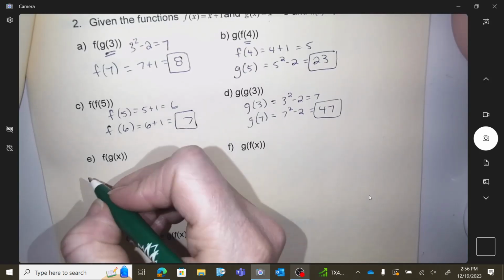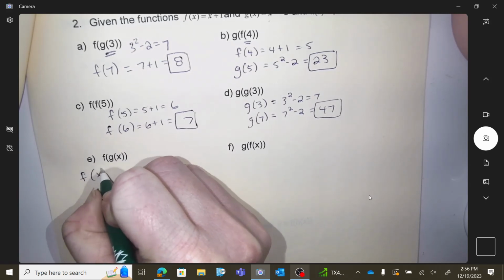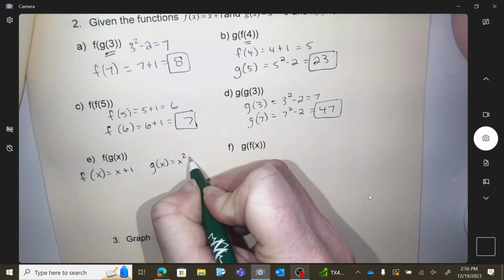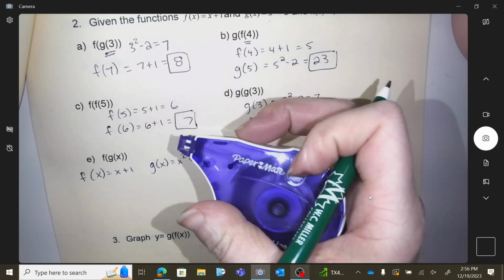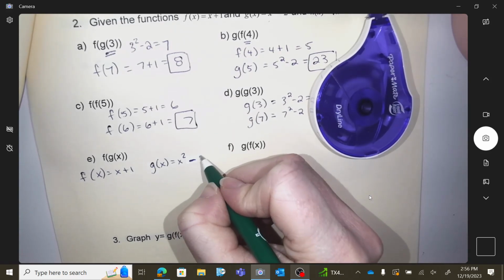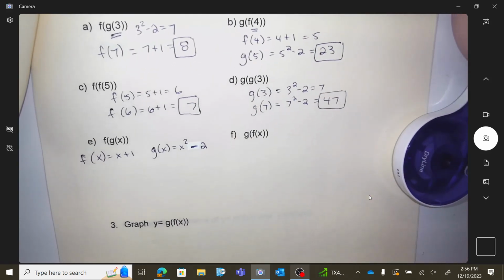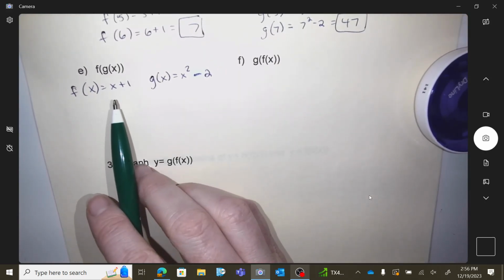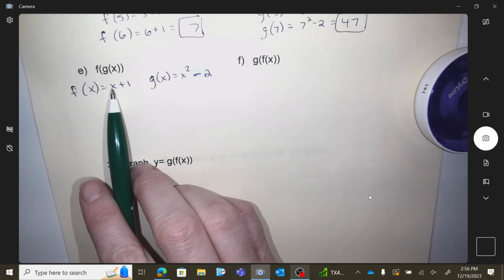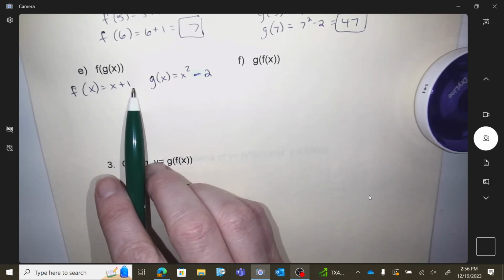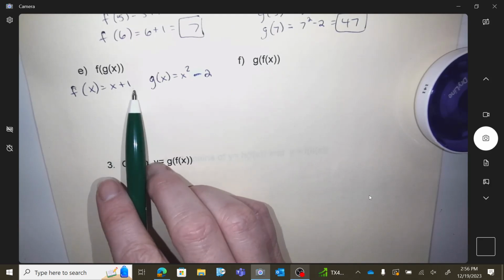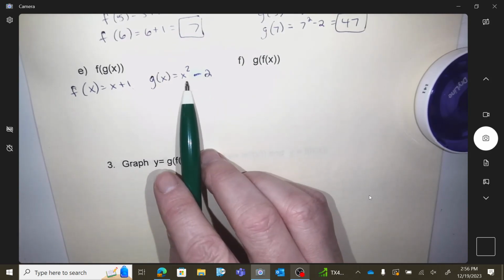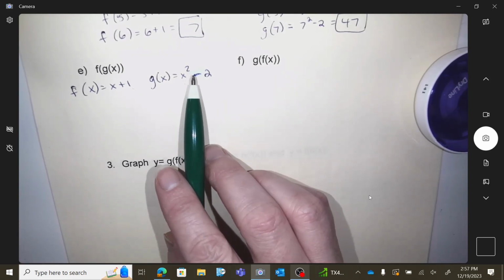Okay, so the next one, I'm just going to write this out. When you deal with functions, really, I wouldn't even think of this as x plus 1. It's essentially the input plus 1. Here too, this is not really read as x squared minus 2. You can think about it like input squared minus 2.